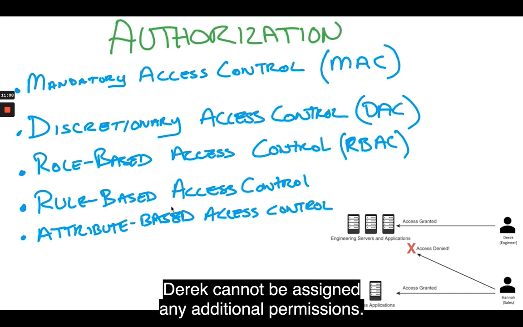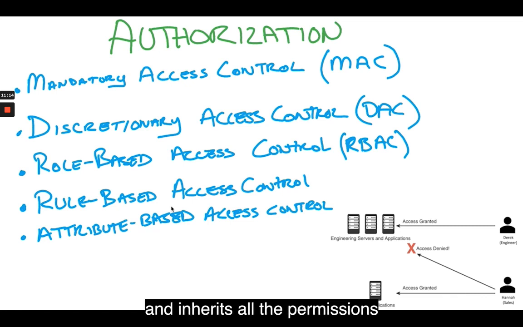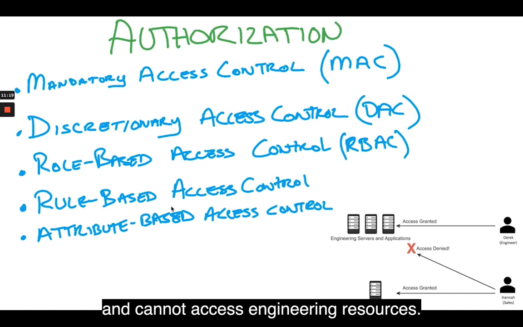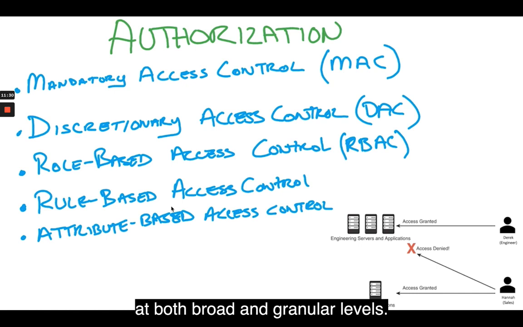Derek cannot be assigned any additional permissions. Hannah is associated with the role of sales and inherits all the permissions assigned to the sales role and cannot access engineering resources. Users can belong to multiple groups. RBAC enables you to control what users can do at both broad and granular levels.